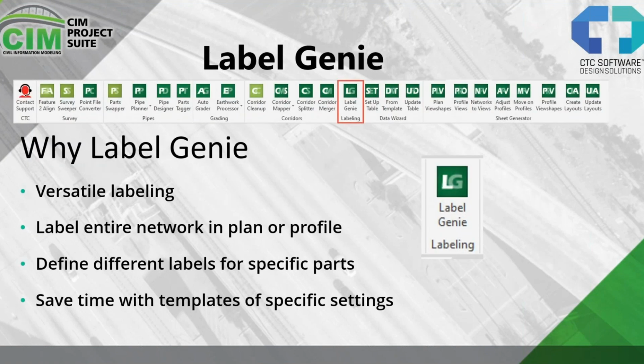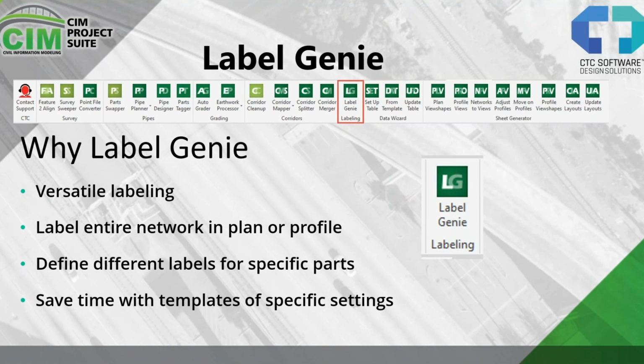So why Label Genie? It's very versatile. You can do many things at one time. It's not just for pipe labeling. That's what we're going to focus on today. So we can label the entire network in plan or profile, along with other things. I'm going to show you some labeling in section view today too.